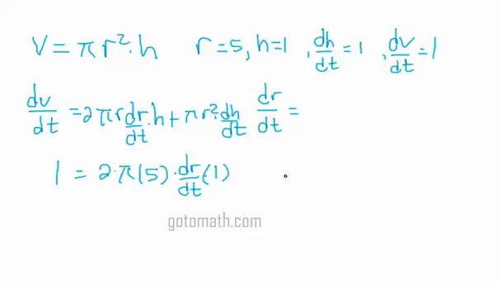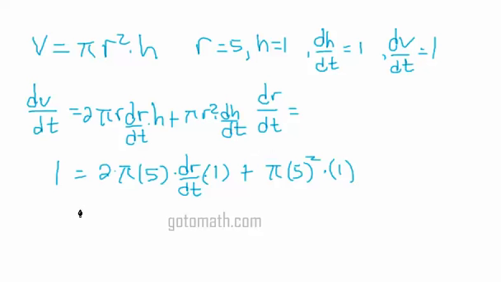We'll just go ahead and put a parentheses around that, and then we have plus pi, and then r squared is 5, so I'll just do this, 5 squared times dh over dt, which is 1. So that makes that nice, and that's it.